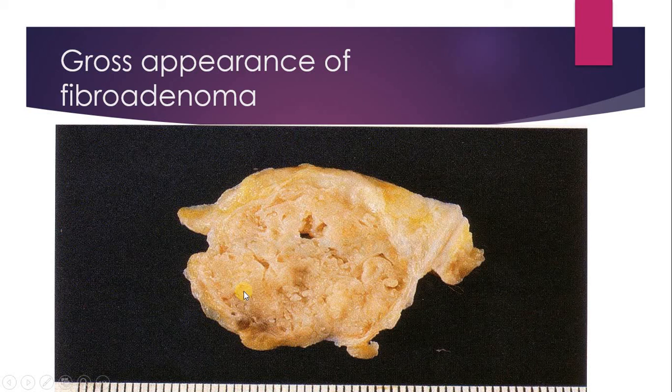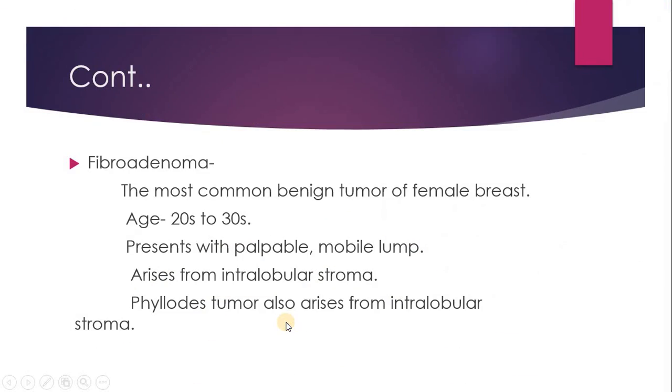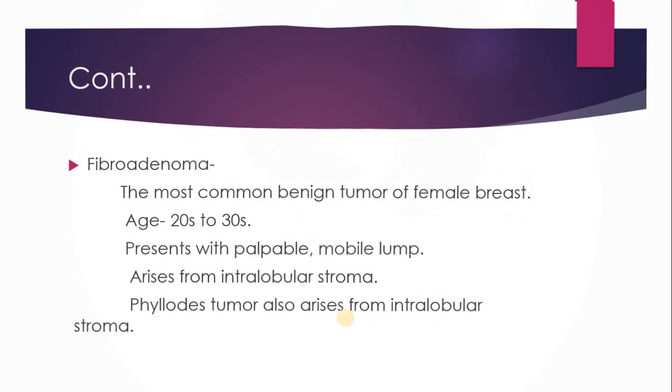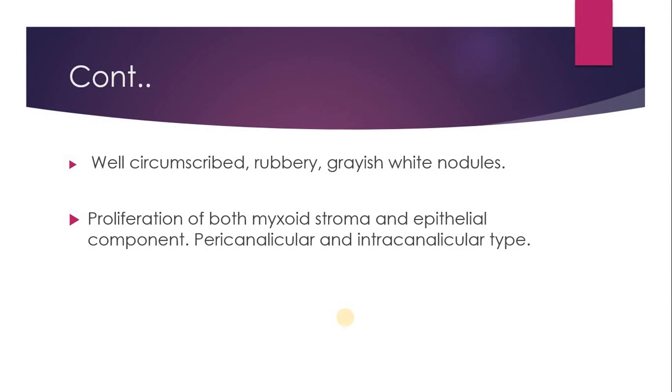This is the gross finding of a fibroadenoma. Fibroadenoma commonly occurs at the age of 30. It is palpable, mobile, arising from intralobular stroma. It is well circumscribed and rubbery. In microscopy you have to know the proliferation of both myxoid stroma and epithelial components.